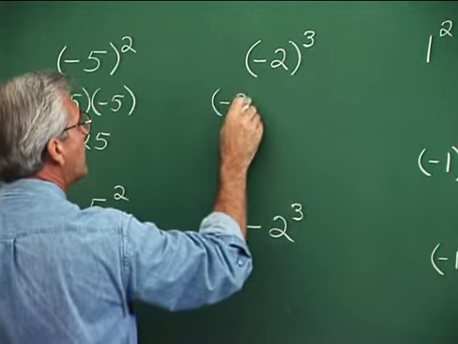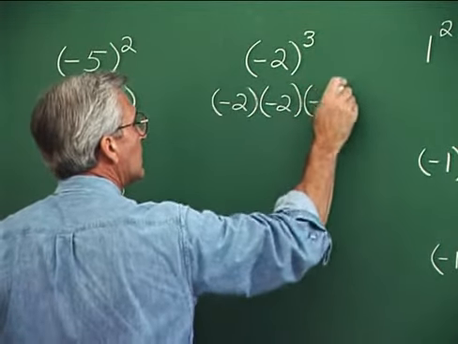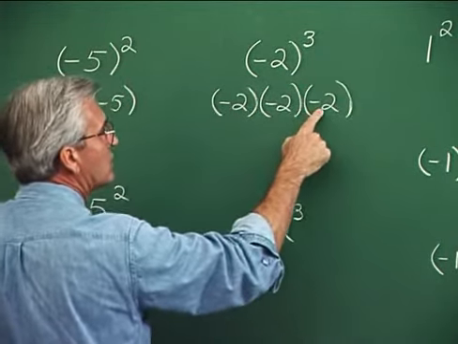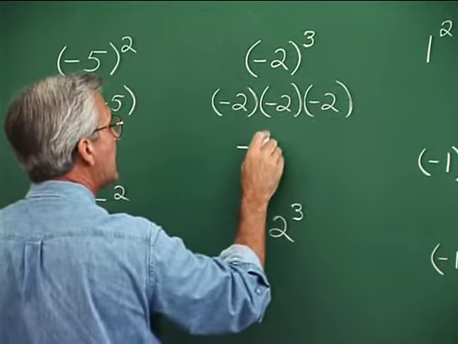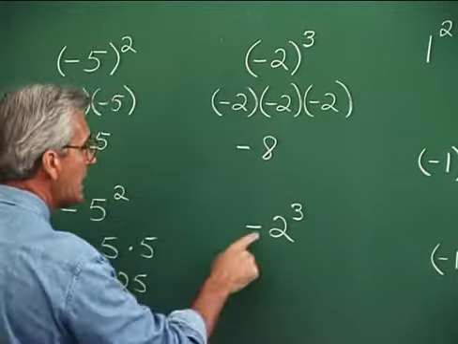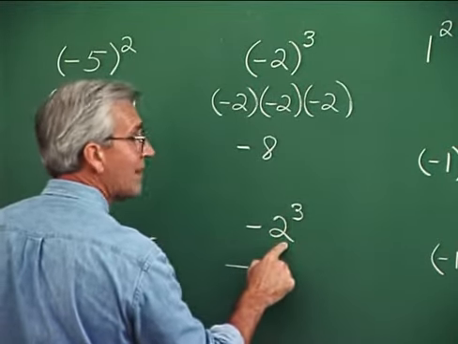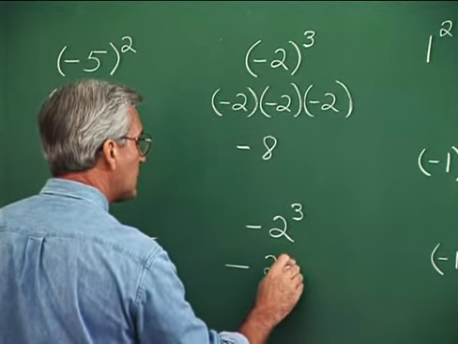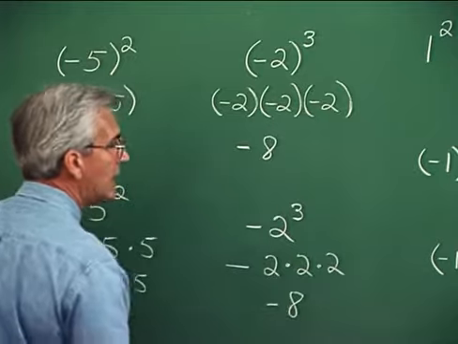So this means negative 2 times negative 2 times negative 2. We have 3 factors that are negative, so the answer is going to be negative: 2 times 2 is 4, times 2 is 8. So negative 8. And here, this is the negative of 2 cubed, which is negative, and then 3 factors of 2, so 2 times 2 times 2. So any way you cook this up, we get negative 8.